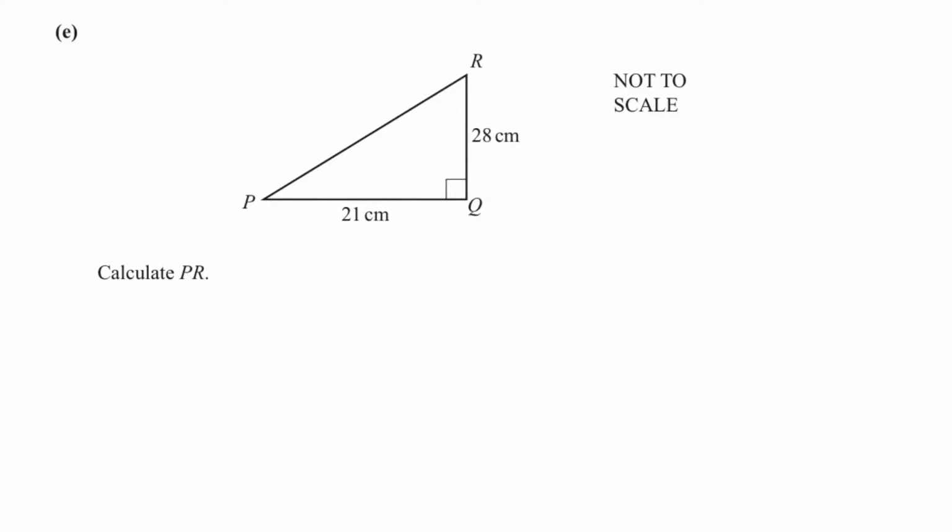Pythagoras theorem is a square plus b square is equal to c square. C is your hypotenuse. It is always opposite the right angle. So in this case, C is PR. A and B can be either of the sides.